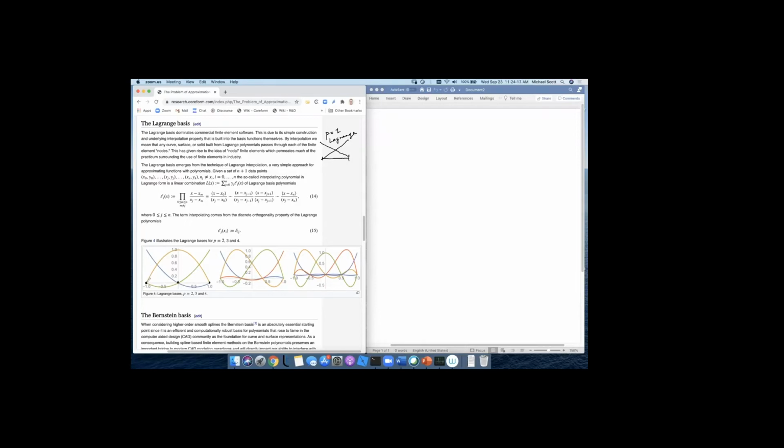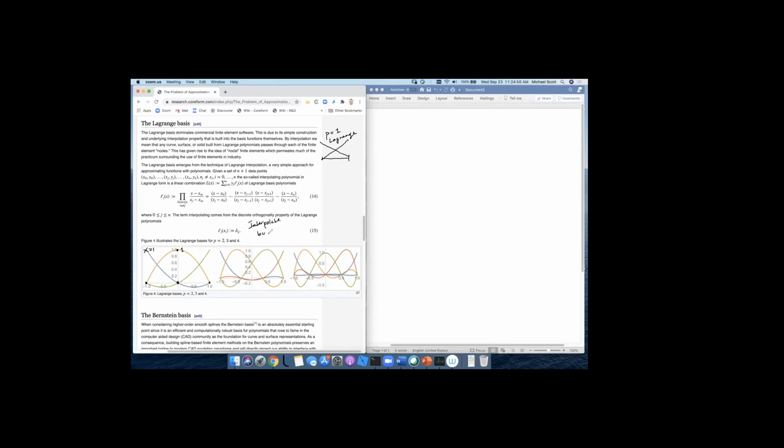Notice that at -1, there's only one function that's non-zero, it's this guy, and its value is 1. Then you come over to this point, and again, there's only one function that's non-zero, it's this guy, and its value is 1, and so on. So you can see the pattern here. These functions, in some sense, interpolate by definition.